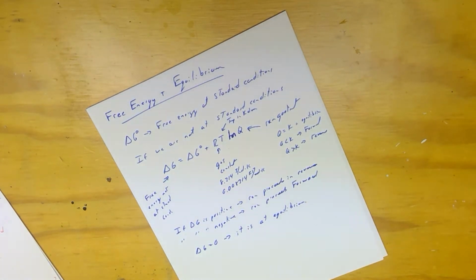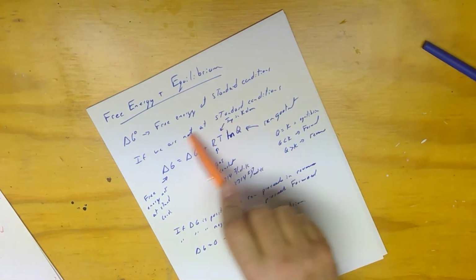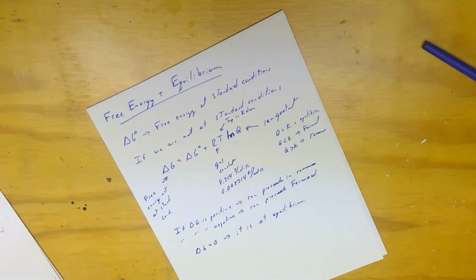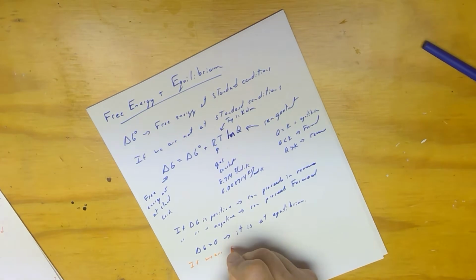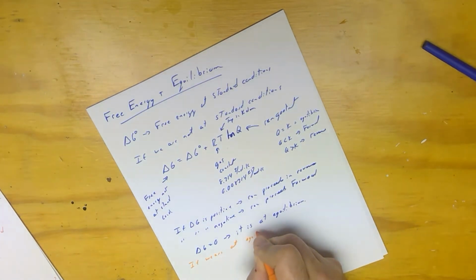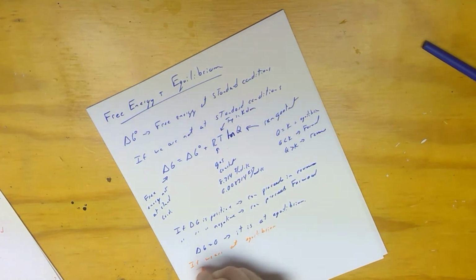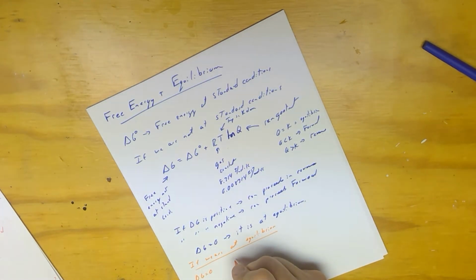Now, if we're at equilibrium, that actually changes this equation. So if we are at equilibrium, we know that delta G is equal to 0. We also know that the reaction quotient is equal to the equilibrium constant, K eq.